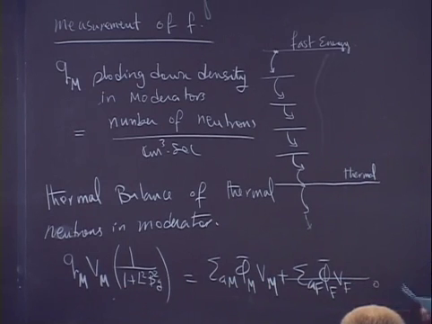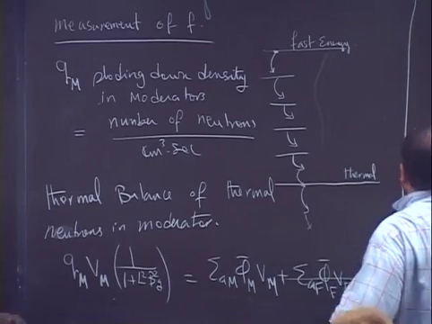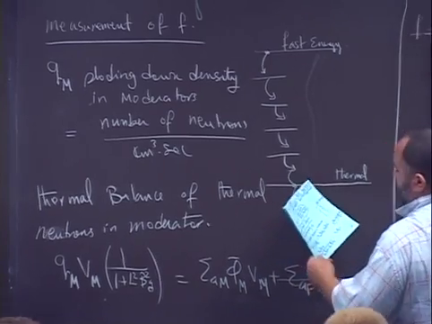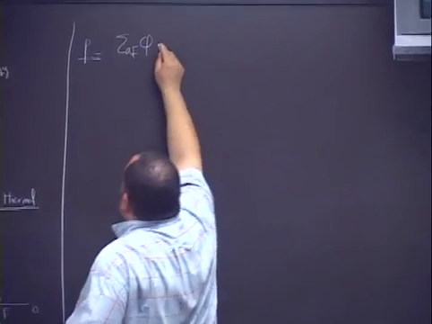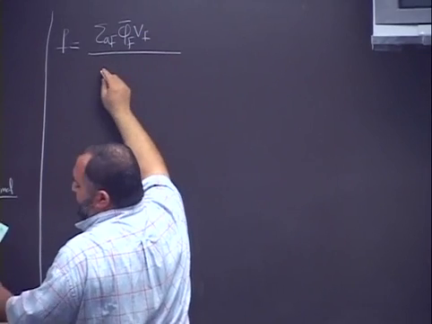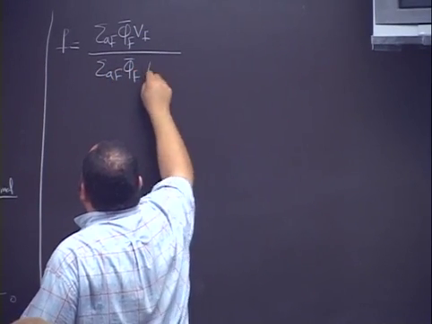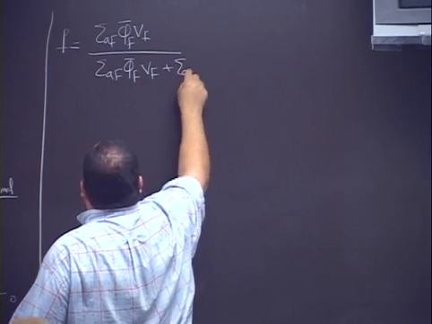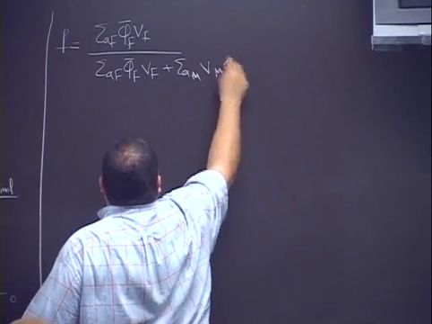This is just what this formula says. So in this case, again, as the definition of F that we just stated here: sigma absorption fuel multiplied by average V fuel, divided by sigma absorption in the fuel, V fuel, plus sigma absorption in the moderator, V moderator.